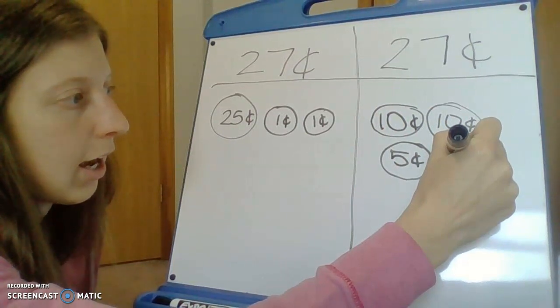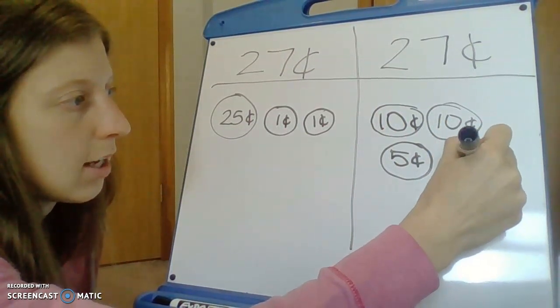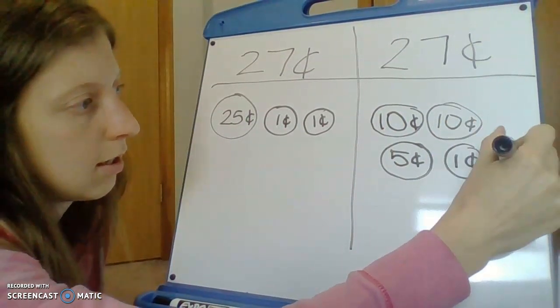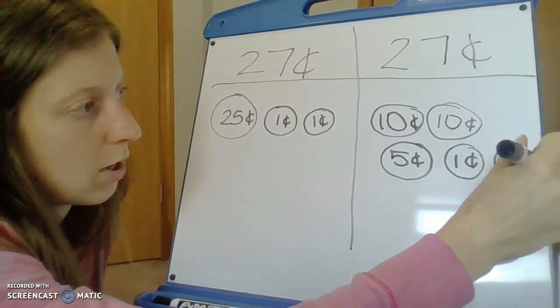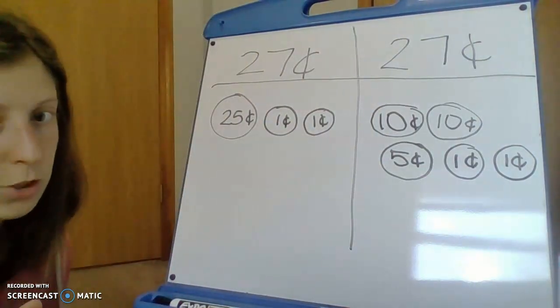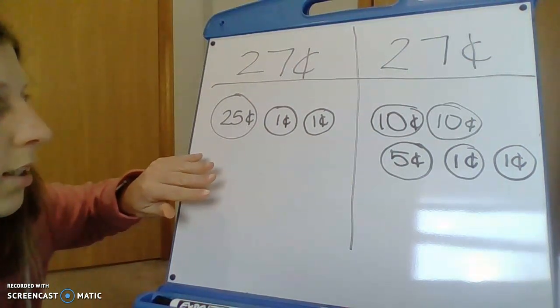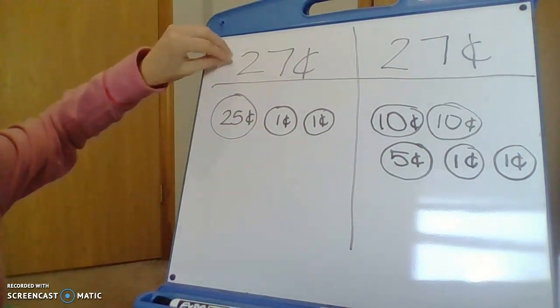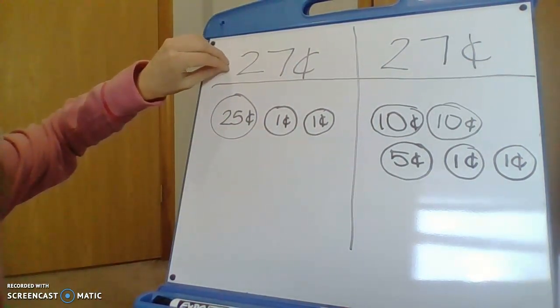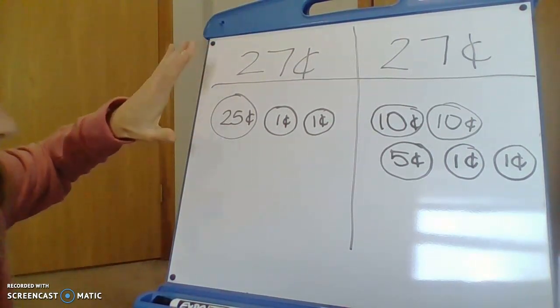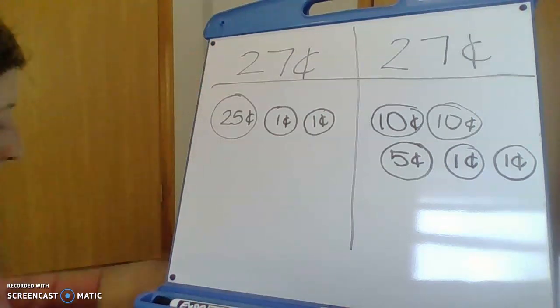And then I could add 25, 1 cent, 26, 1 cent, 27. So do you see how we're using 2 different ways to make the same amount? That's what we're focusing on here. This can be tricky, so please take your time and think about it, okay?